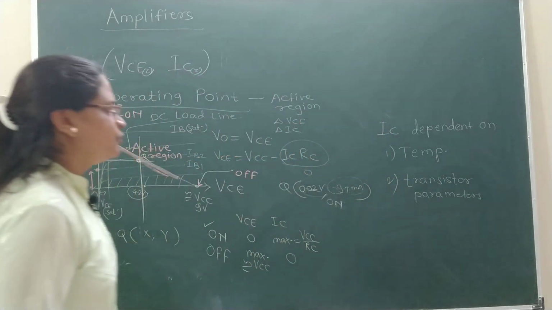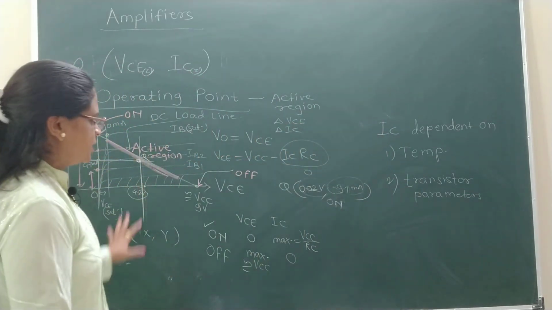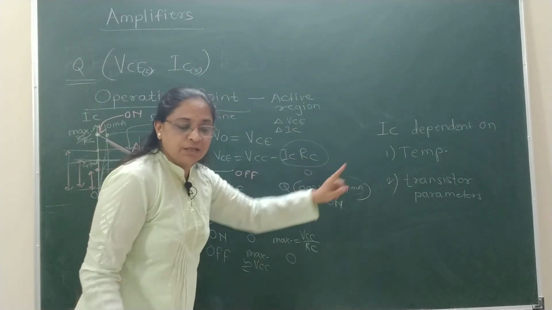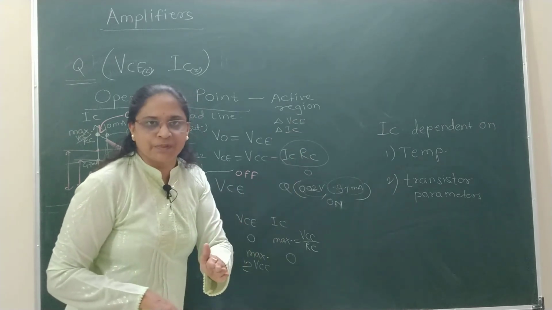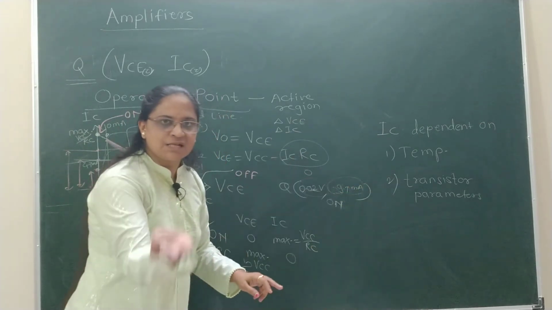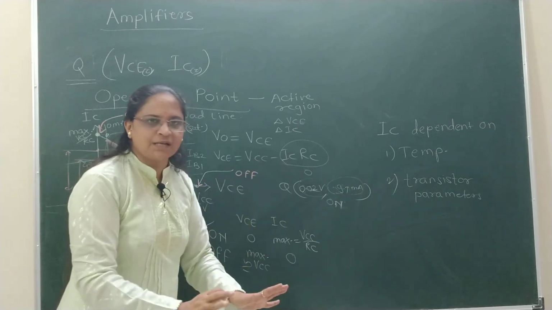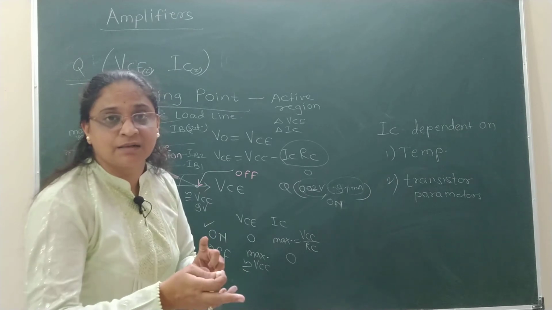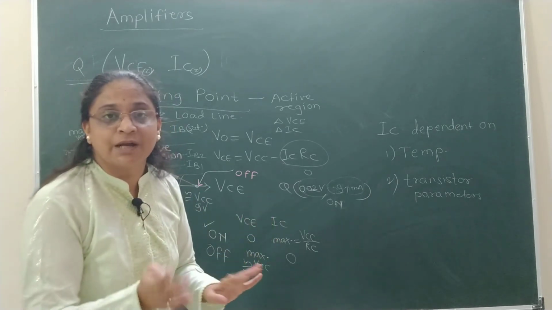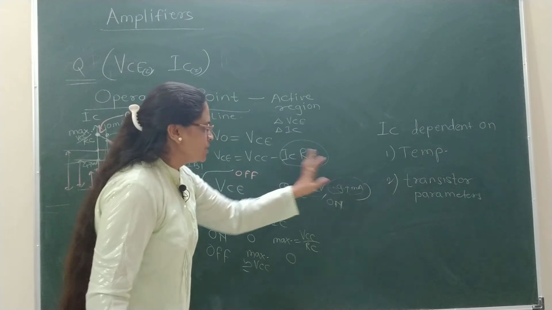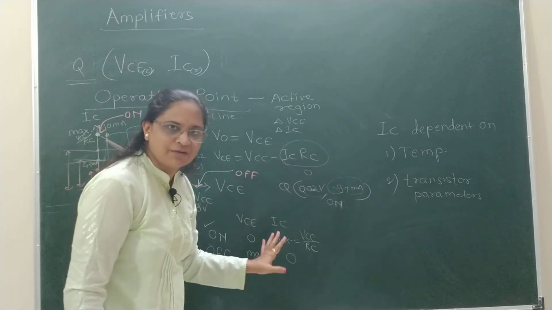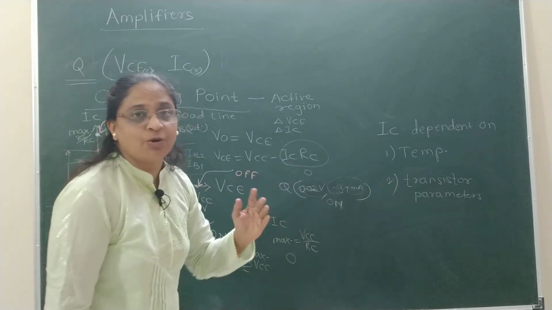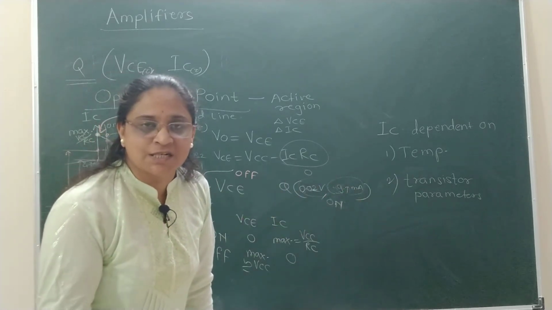So in this amplifier circuit we have to always check whether IC is changing dependent on temperature. If it is changing, it has to be compensated. Or if the transistor is replaced by another of the same type, NPN, but another transistor is used, then the beta factor may not be the same, and the VBE requirement may not be the same. So that will change the VCE and IC requirements. In this way, these parameters may change the operating point, and that is to be restricted.